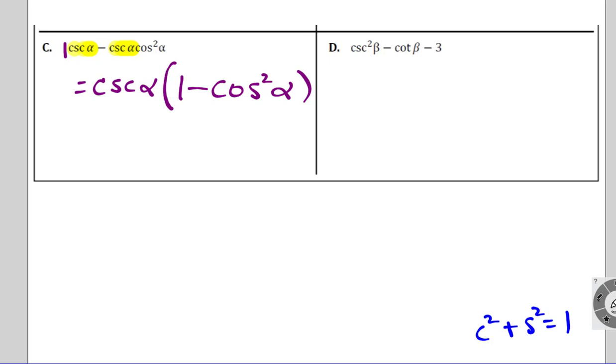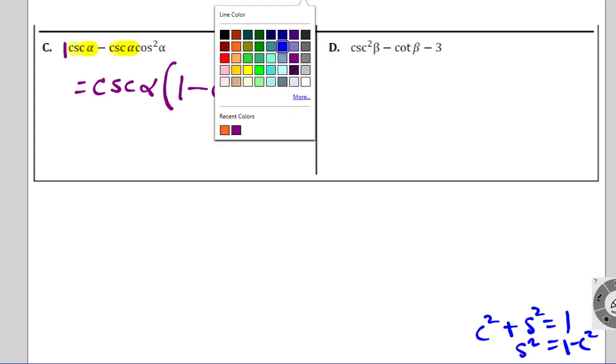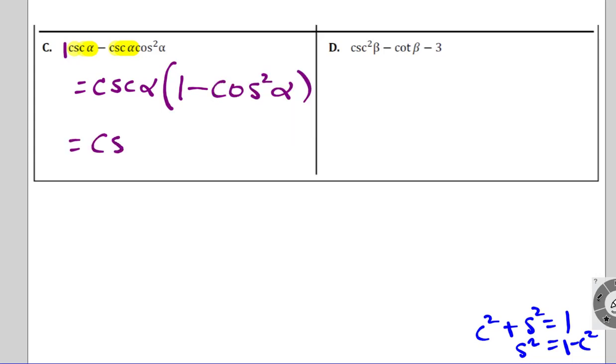And so what is 1 minus cosine squared equal to? Sine squared, right? So I can replace 1 minus cosine squared alpha with just sine squared alpha.